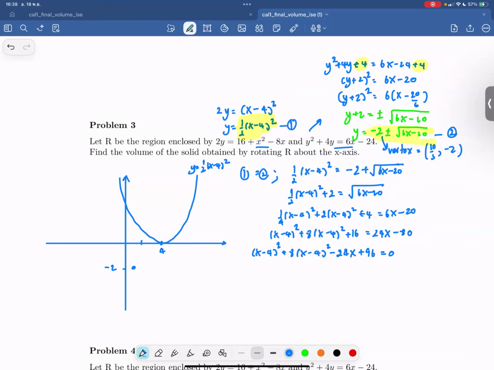So let me change this to be x and then minus 4. So you see the common factor over here is x minus 4, right? So x minus 4 plus 8.